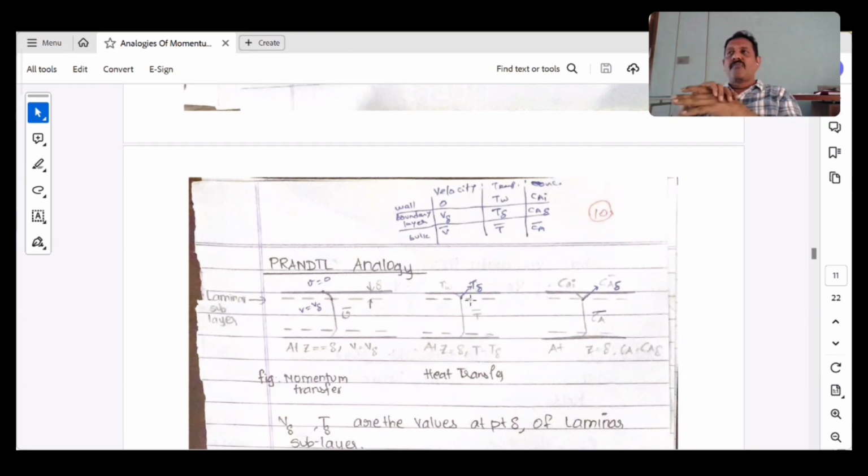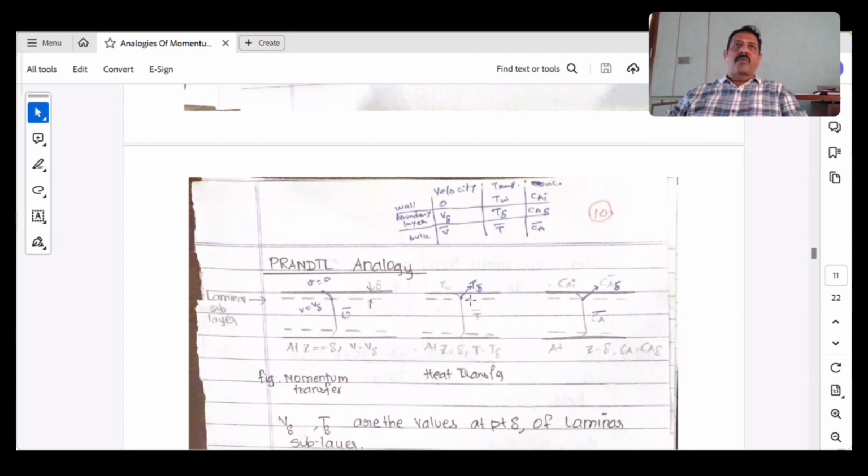Then we have to analyze in two sections: the transport happening within the boundary layer, and the transport happening beyond the boundary layer. Transport beyond the boundary layer is the bulk region, and within it is the boundary layer region, right?